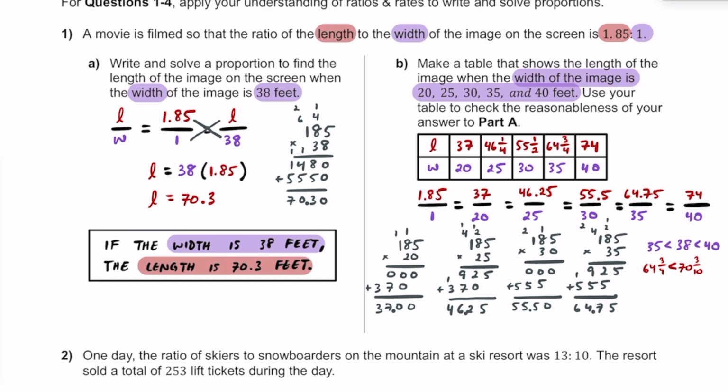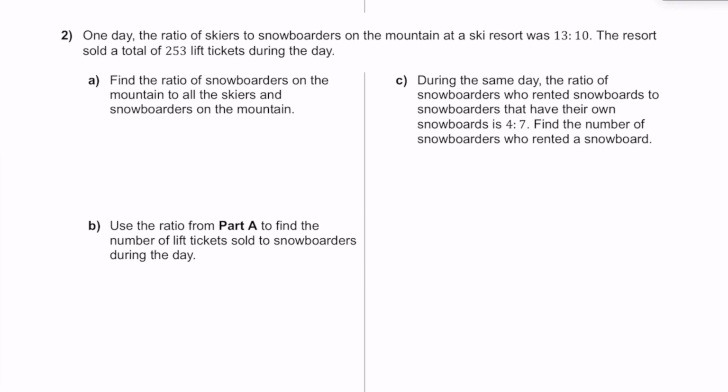I'm just going to write fractions here to stay consistent, which is smaller than the 74 here. So the whole idea that you want to try to check for the reasonableness is that this 38 falls between these two widths here, and that makes sense proportionally because the length that goes with it falls proportionally between these two lengths over here. All right, let's check out number 2.